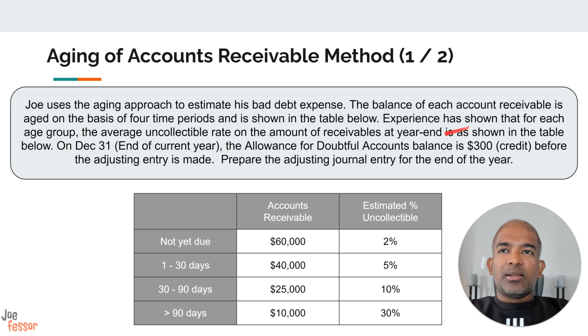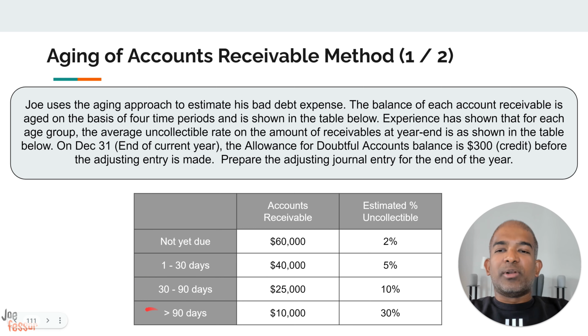On the table, Joe also shows the average uncollectible rate on the amounts of receivable as per the age group. For money that is not yet due, Joe estimates that 2% of that is uncollectible. But for money that is past due but still less than 30 days, Joe estimates 5% is uncollectible. For money that is 30 to 90 days past due, he estimates 10% is uncollectible on average.